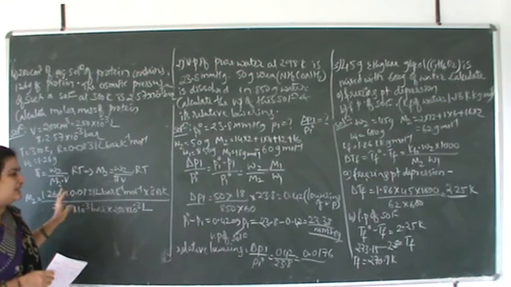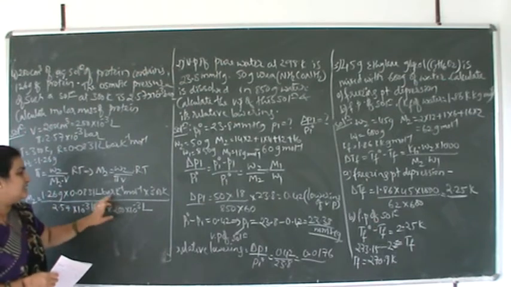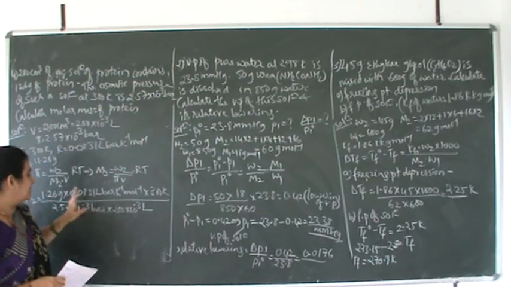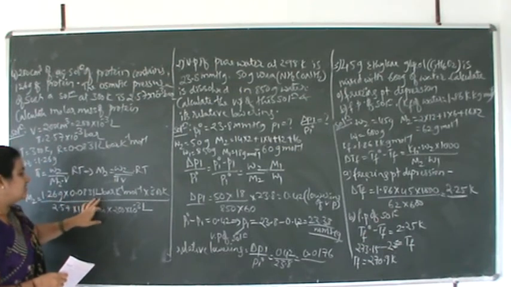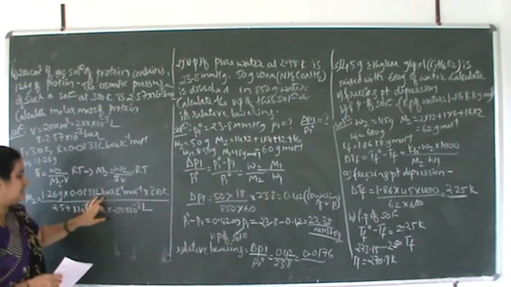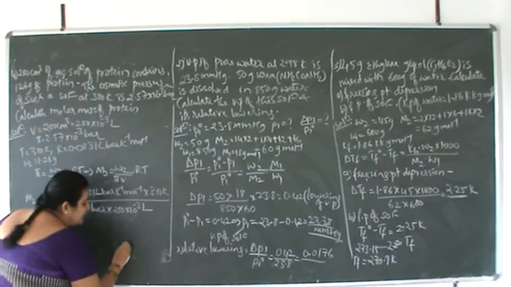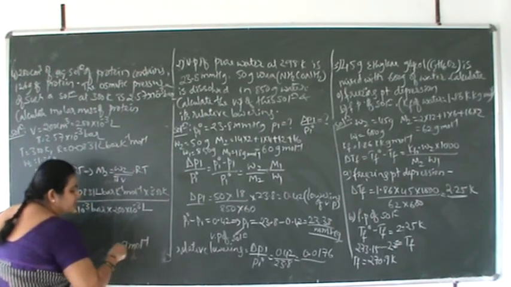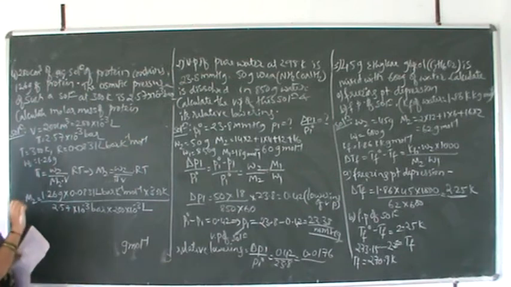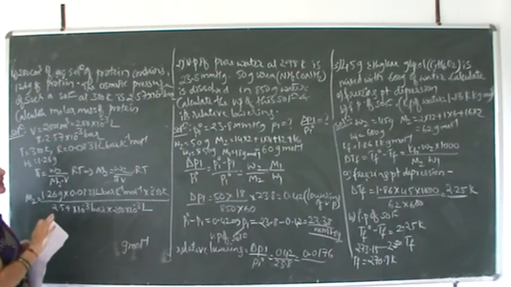It will be already decided. Grams, then grams will be there. So liter cancels, bar cancels, Kelvin cancels. The unit will be grams per mole. Okay. In this way, the unit itself will be decided in the problem.